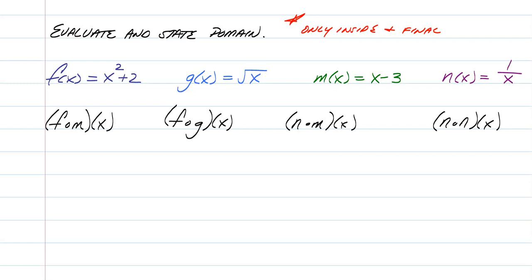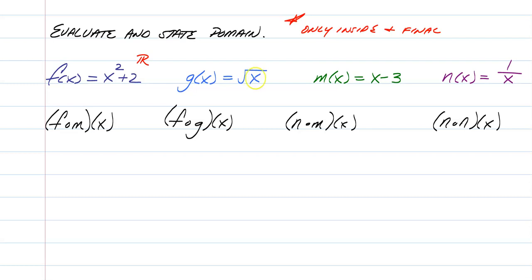Okay? So what we're going to do here is we're going to take our f of x, g of x, m of x, and n of x, and we're going to do some different compositions. And what goes inside follows. So whenever you're working on this section, on a quiz or a test, it's nice to evaluate the domain for each of the original functions. So remember, x squared plus 2, there are no restrictions, so it's all real numbers.